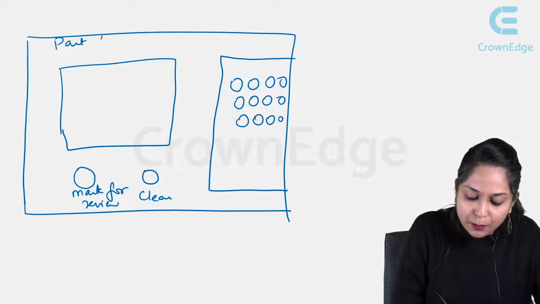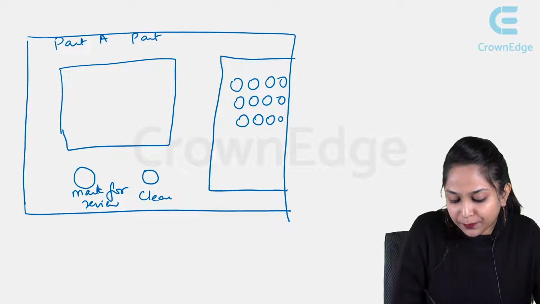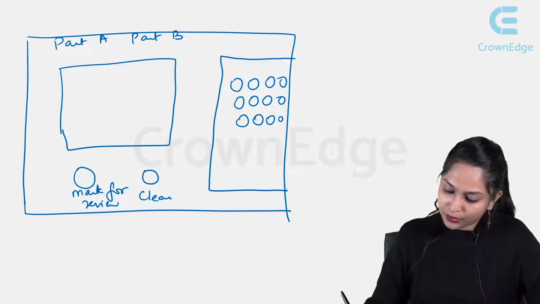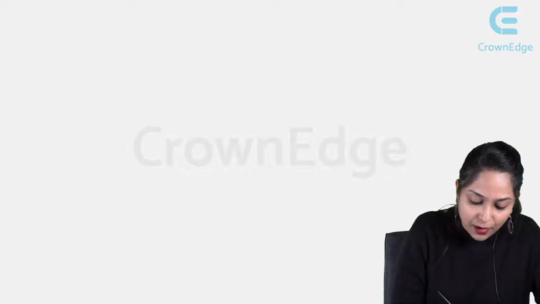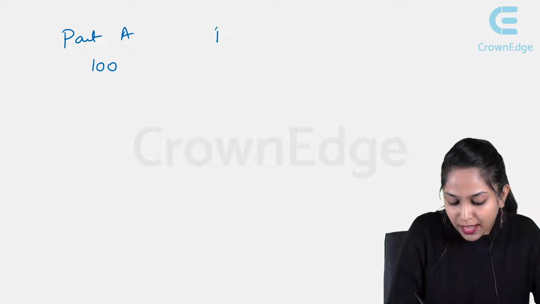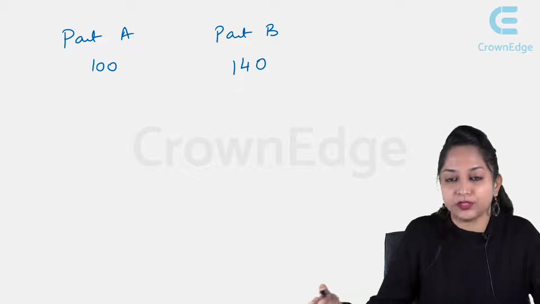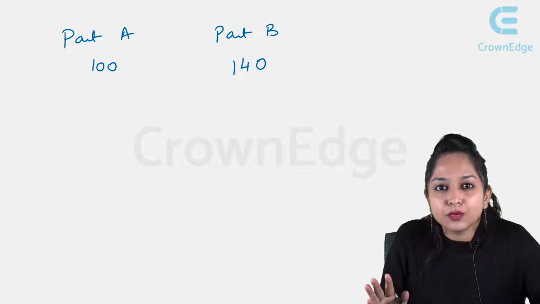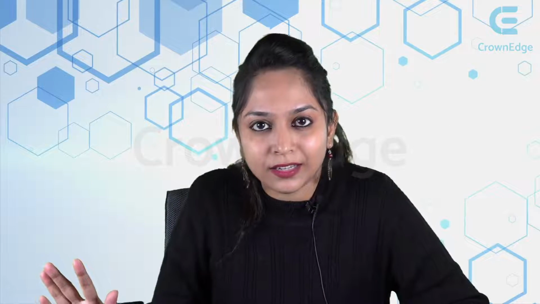There were two parts, part A and part B. And let's look a little more clearly into part A and part B. Part A had 100 questions and part B had 140 questions. Please do not confuse part A and part B with a segregation of basic and clinical subjects.